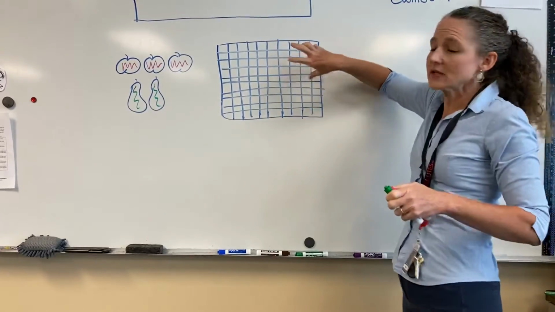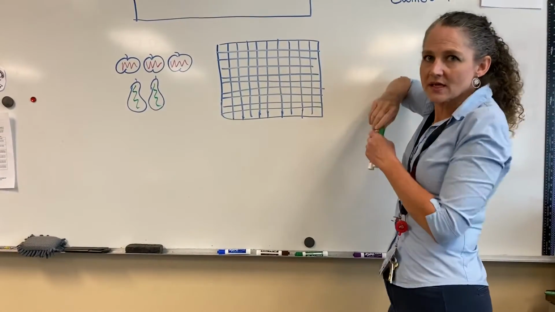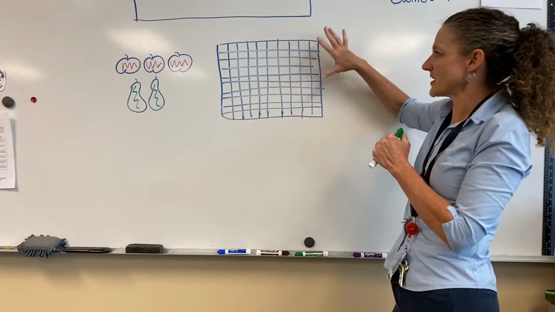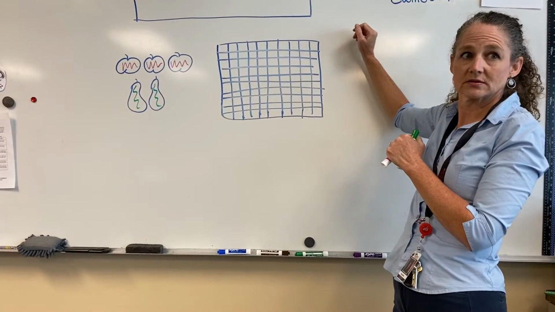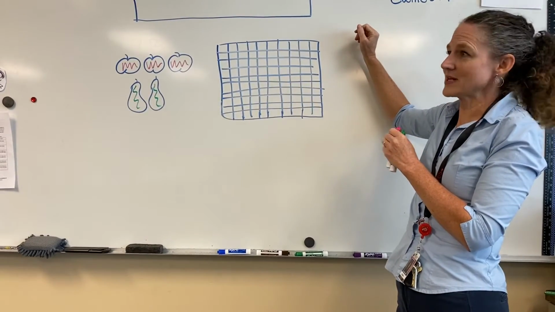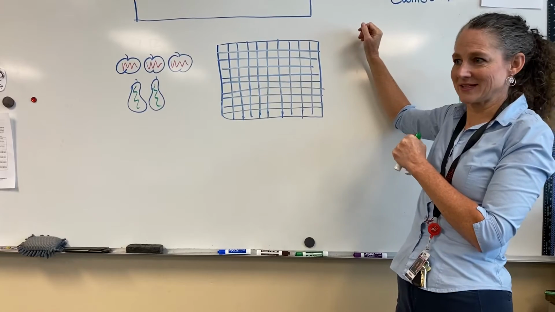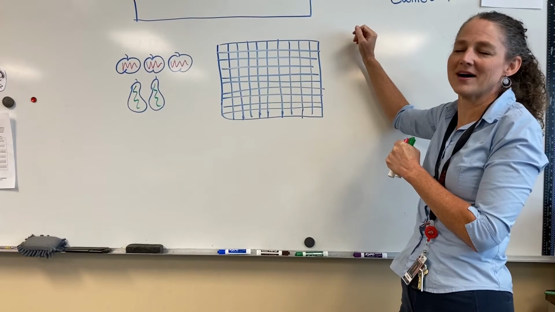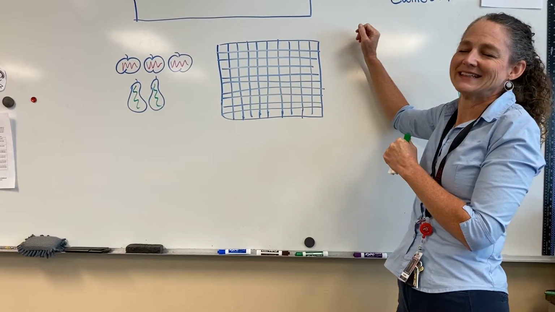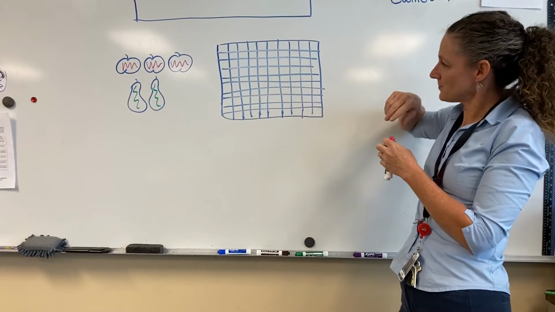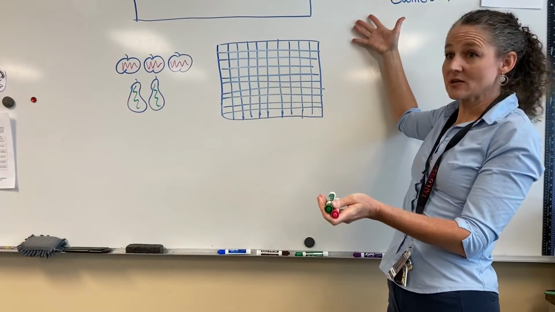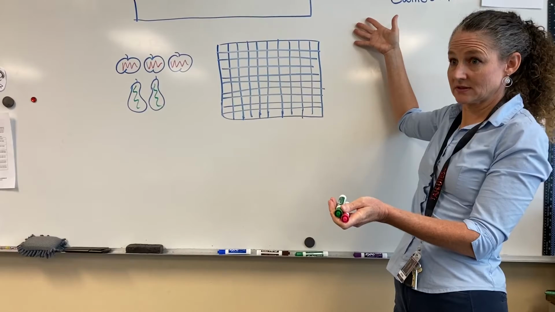So guys, how would I model the percentage on this grid? How many squares do I have? 100.